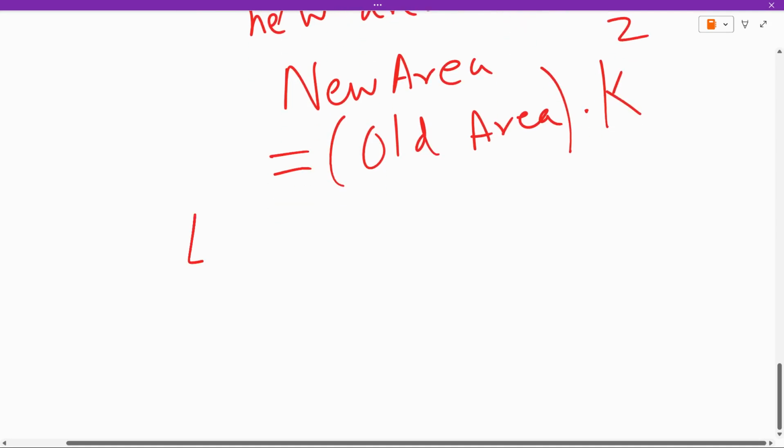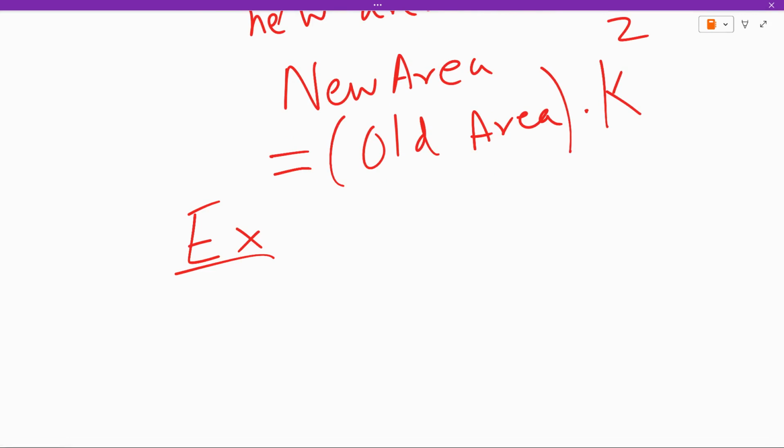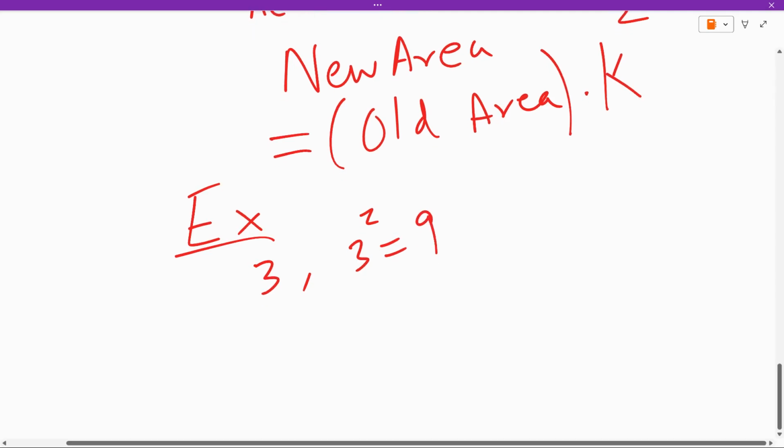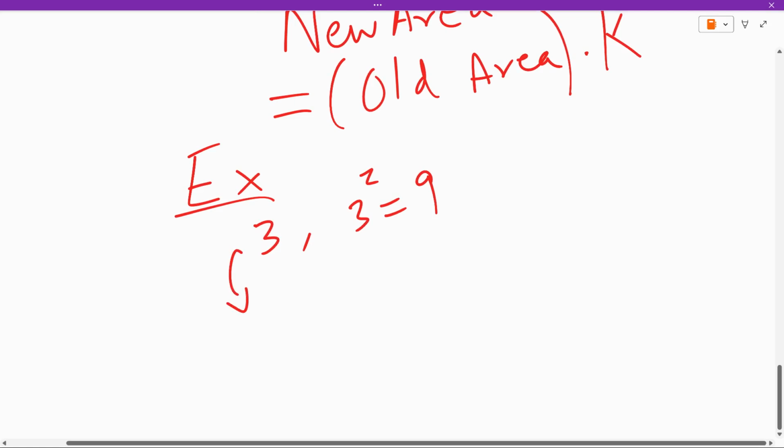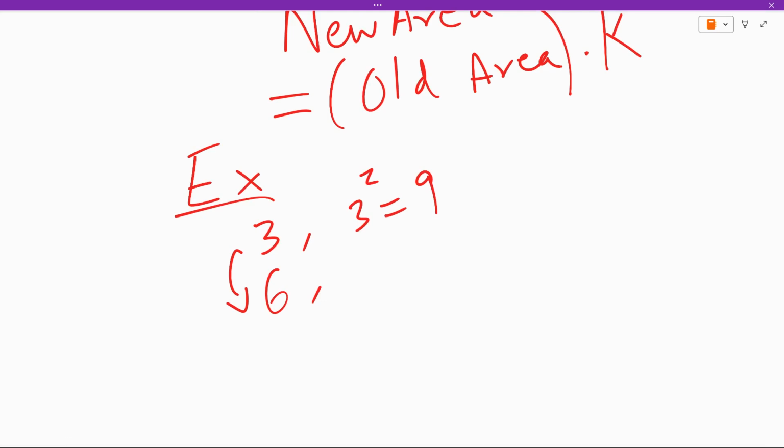What exactly does that mean? Let's consider an example. Say a square has a side length of 3. Its area, 3 squared, is 9. Now say we double the side length to 6. The new area is 6 squared, which is 36.